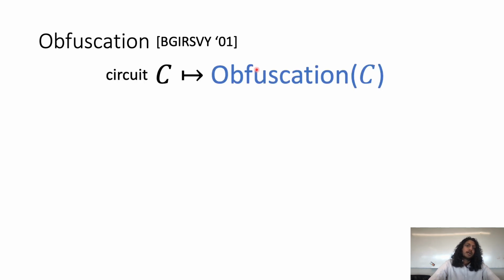The idea of obfuscation is that you're handed some circuit C, and you want to hand back an obfuscated version of C, some sort of scrambled version of the original circuit that still computes the same function, but all you can do with this circuit is run it. It doesn't reveal anything else except the function values of the circuit.